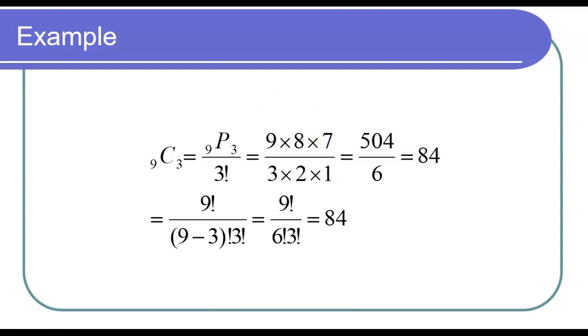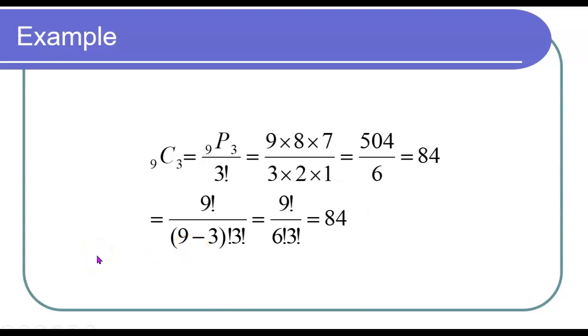So that would come out to be 504 divided by 6, which is 84. Or you could use that n factorial over (n minus r) factorial times r factorial formula. So n is 9, n minus r is 9 minus 3, which is 6, and r is 3. So on top we have 9 factorial. On the bottom we have 6 factorial times 3 factorial multiplied together. And then when you divide those, you end up with 84.